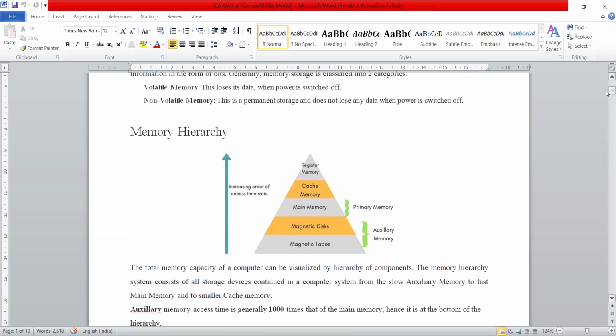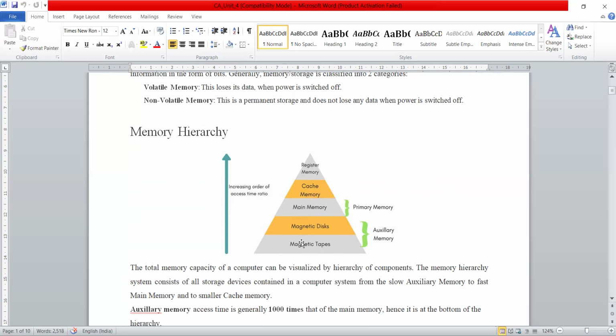Memory is of many types and its hierarchy is represented in the form of a pyramid. Here we can see that there are various kinds of memory like register memory, cache memory, main memory, magnetic disk, magnetic tape. In this pyramid, these memories are arranged in such a way that magnetic tapes are kept at the bottom and then magnetic disk, then main memory, then cache memory and register memory.